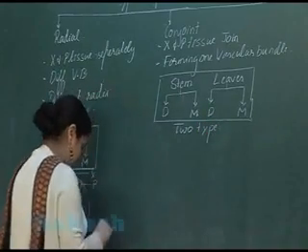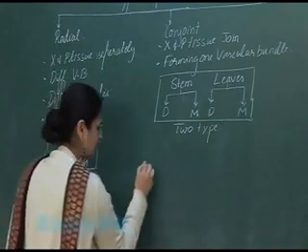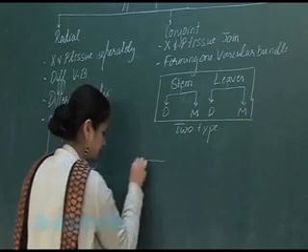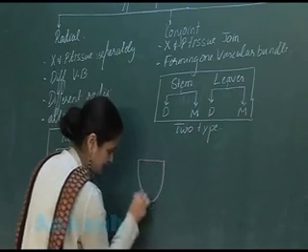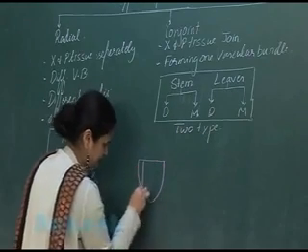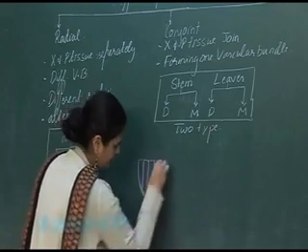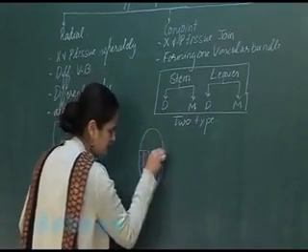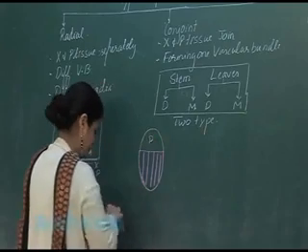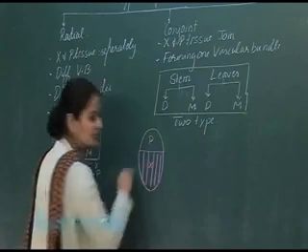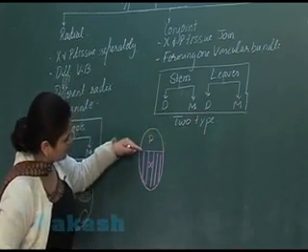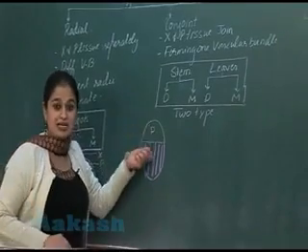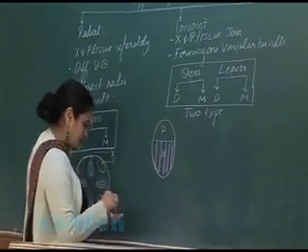Let's see the first condition. This is xylem. This is phloem. So you can see phloem is present towards the outer side, xylem is present towards the inner side.